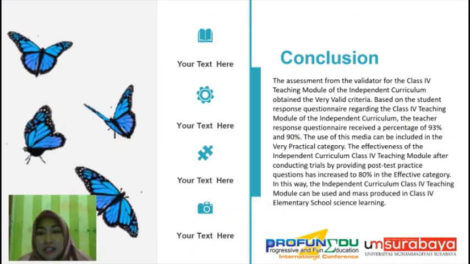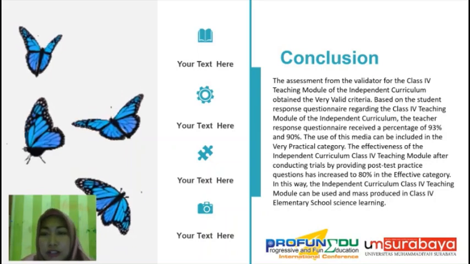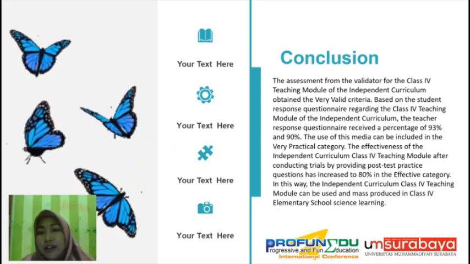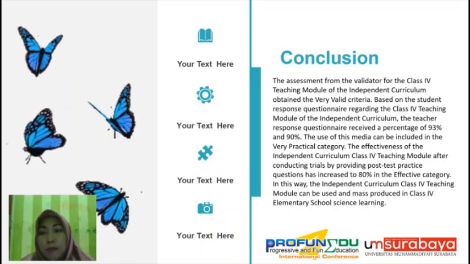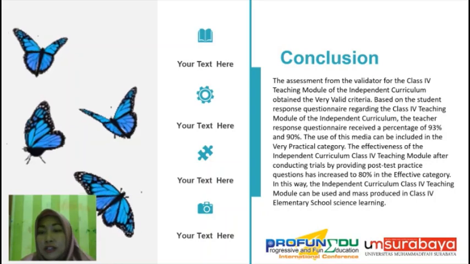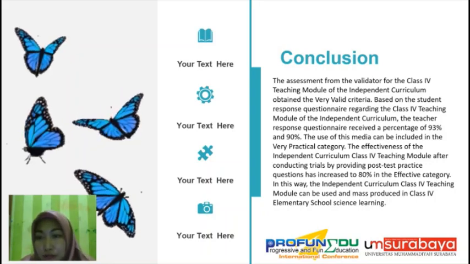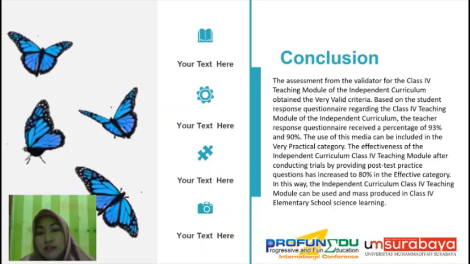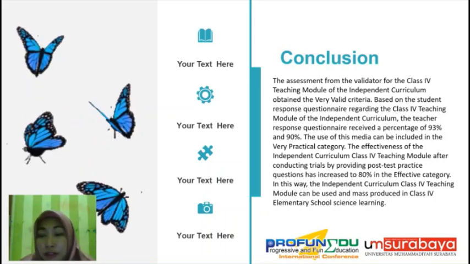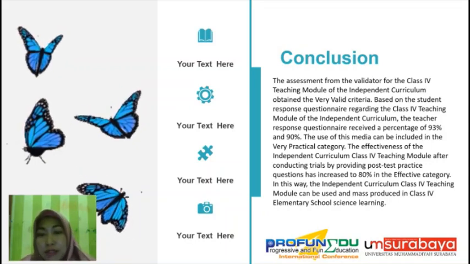Conclusion. The assessment from the validator for the class 4 teaching module of the independent curriculum obtained the very valid criteria. Based on the student response questionnaire regarding the class 4 teaching module of the independent curriculum and the teacher response questionnaire, it received percentages of 93% and 90%.